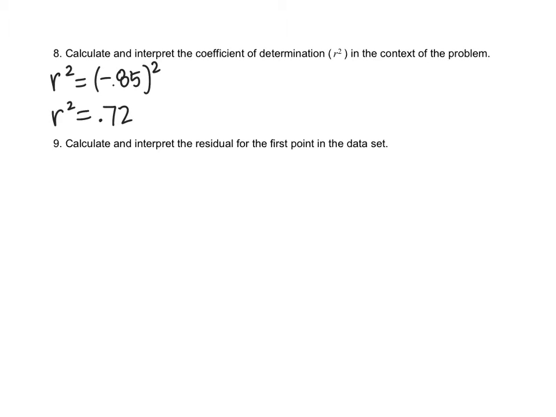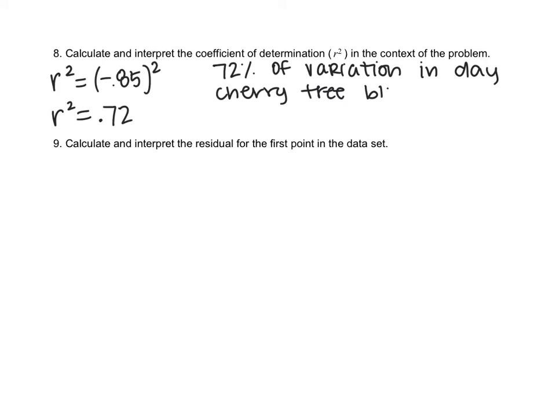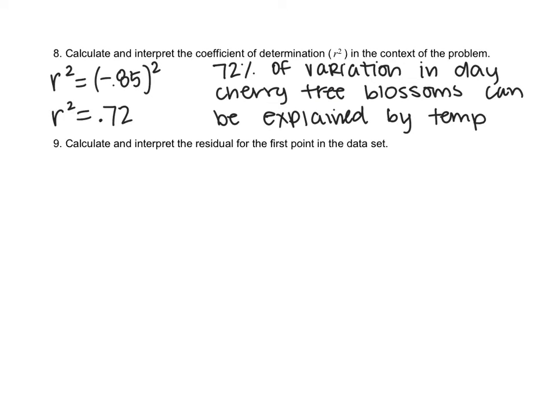So the coefficient of determination, we convert it to a percentage, so 72% of the variation in the response variable, which is the day of the cherry tree blossoms, can be explained by the explanatory variable, which is the temperature in degrees Celsius.